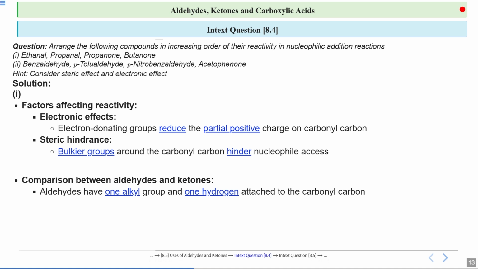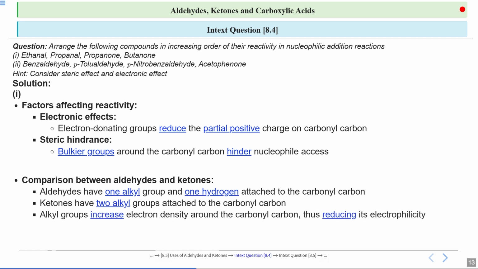We have already discussed the structure of aldehyde: there is a carbonyl group, and to the carbon, one R group, which can be alkyl or aryl, and one hydrogen is attached. Whereas in ketones, two alkyl groups are attached to the carbonyl carbon. So if you compare these two, you can answer where the electronic effect is more or the steric hindrance is more.